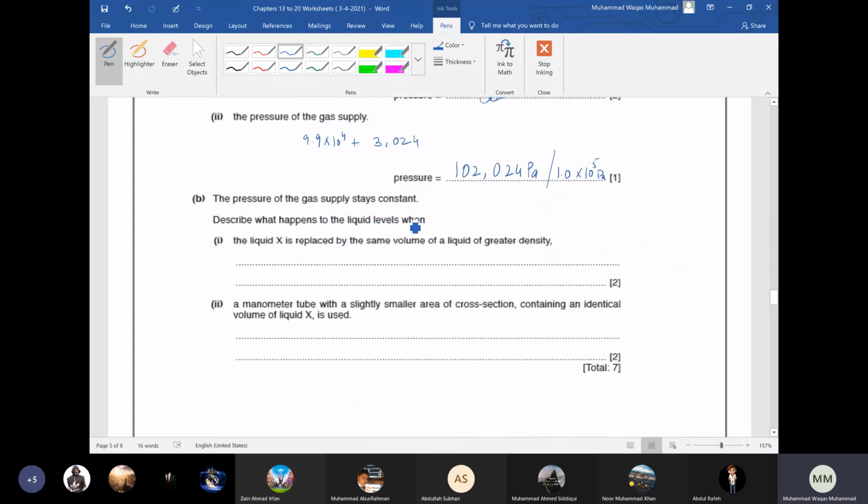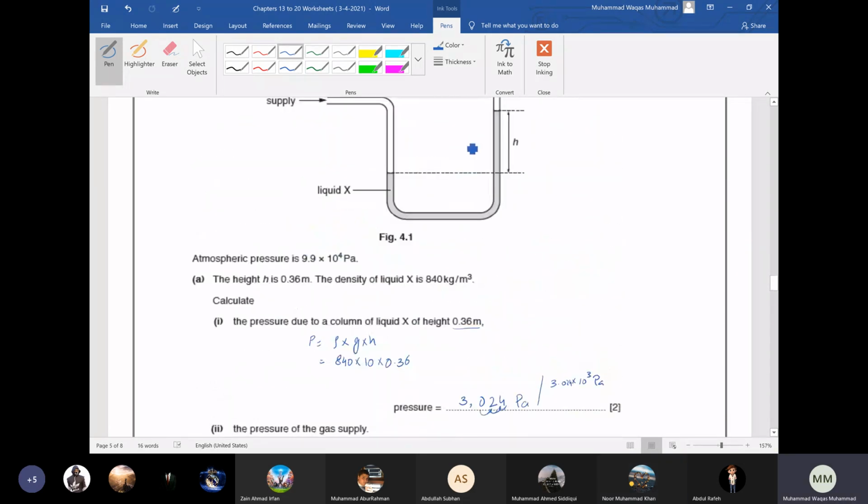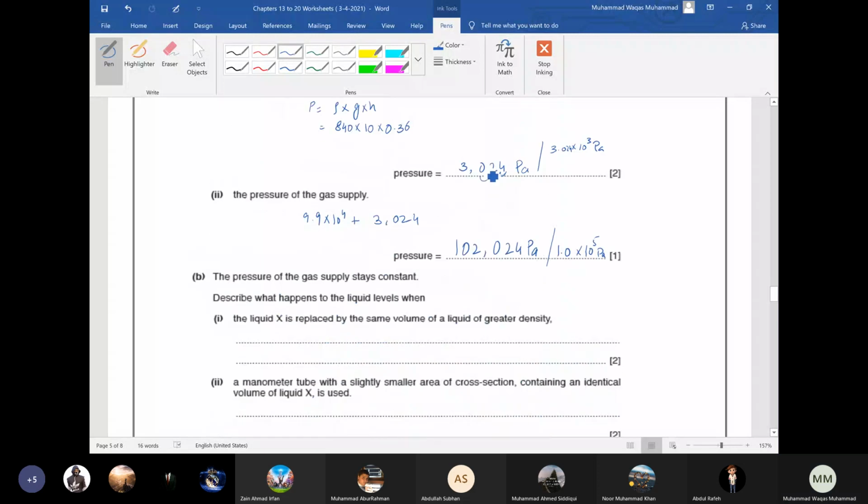Describe what happens to the liquid levels when... Now this is an important and tricky question. Describe what happens to the liquid levels when the liquid X is replaced by the same volume of a liquid of greater density. Shabash.